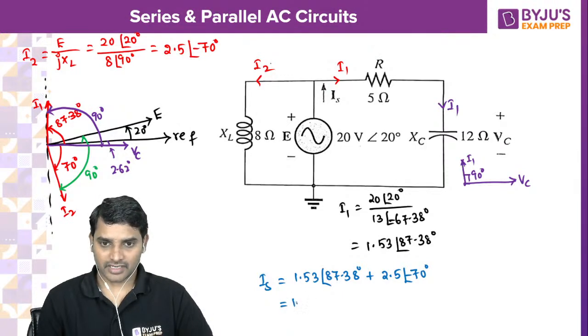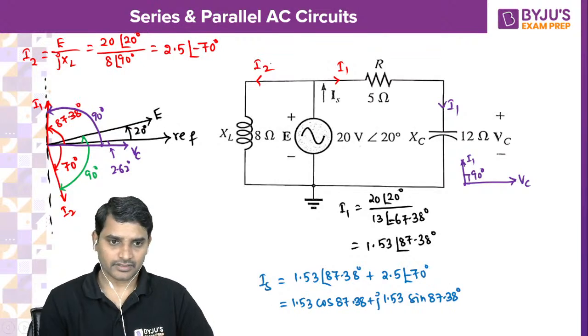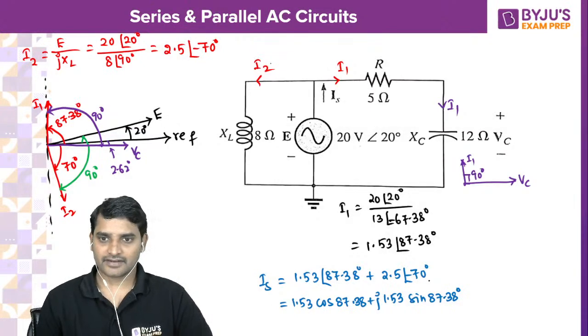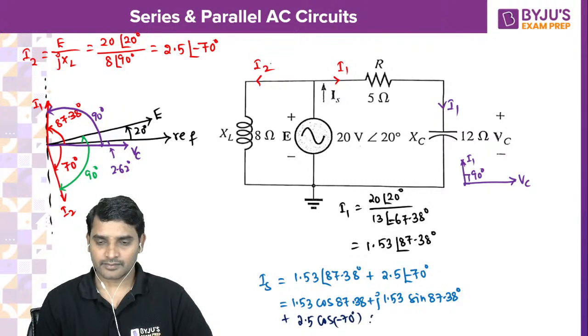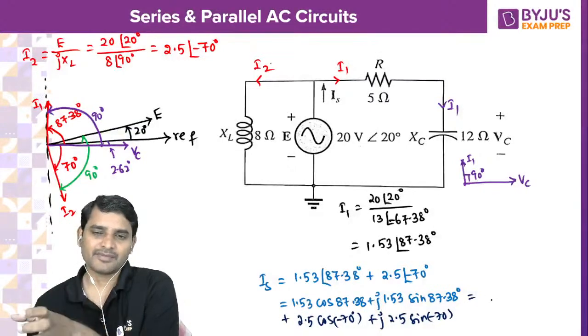It is like 1.53 into cos 87.38 plus j 1.53 into sine 87.38. Okay, this is one thing. And for this one, plus 2.5 cos of minus 70 plus j 2.5 sine of minus 70. So here you will get one term in a plus jb or a minus jb format.